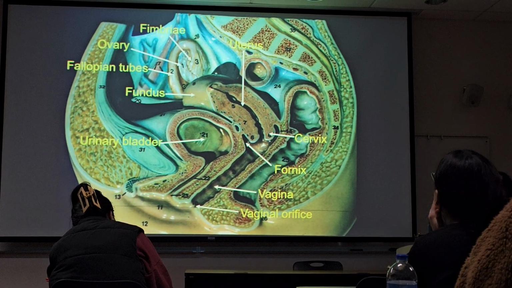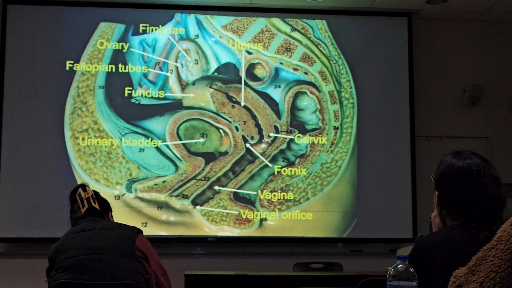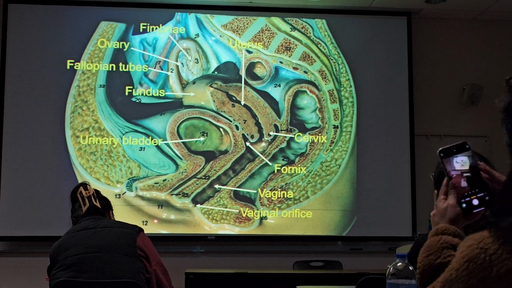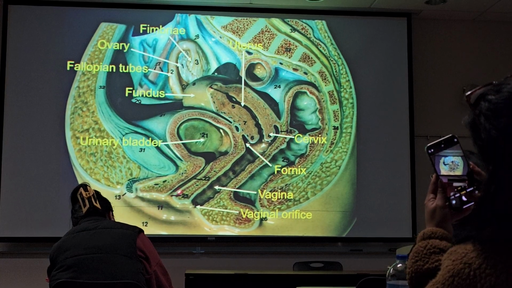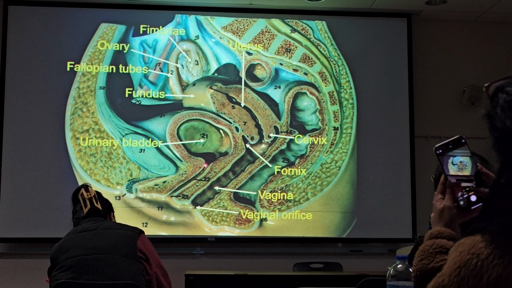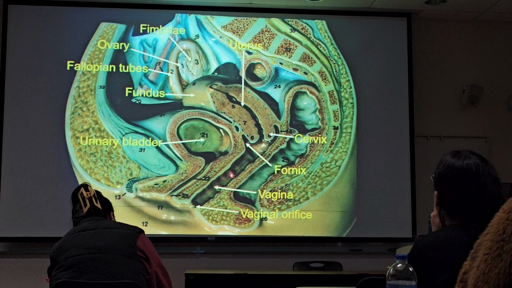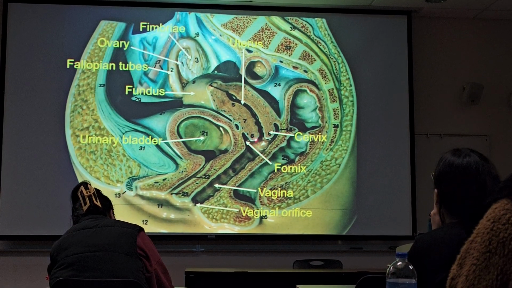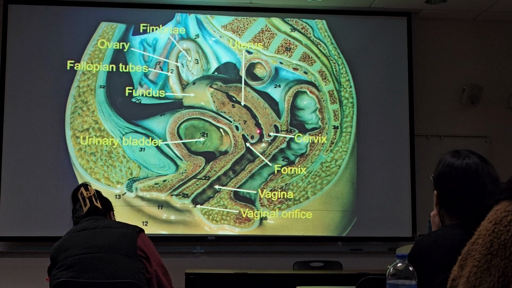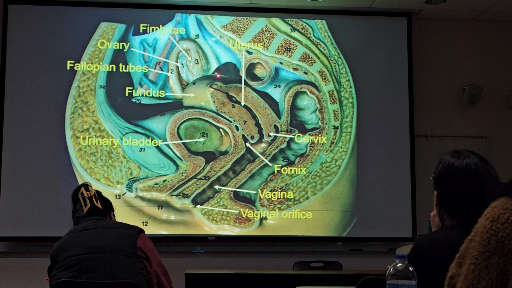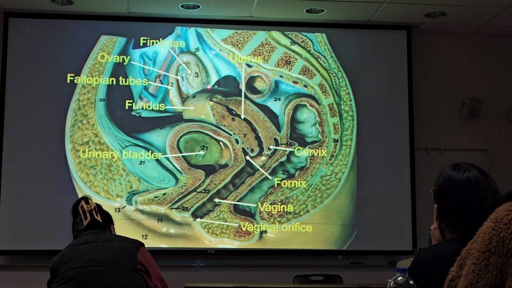Okay, so this model is similar to our model in lab, where we enter from the outer structures into the vagina. Sorry, this is the urinary tract, then the vagina here. And here's the cervix, which is the entrance into the uterus. Like the stomach, the uterus has a fundus, a rounded part.